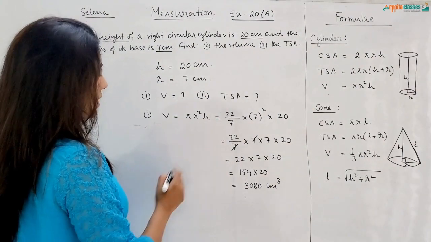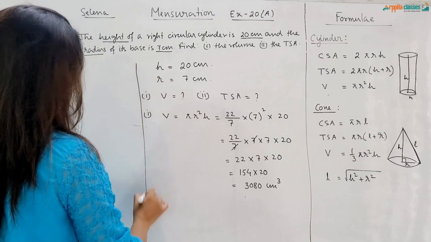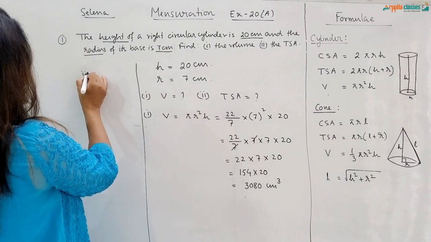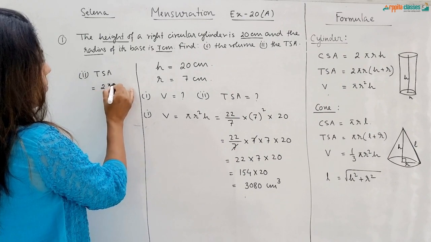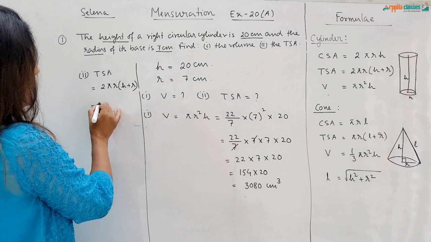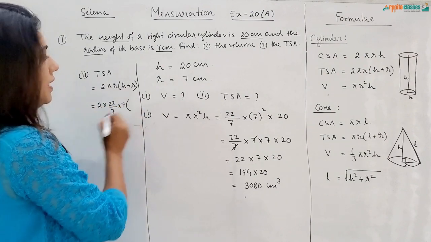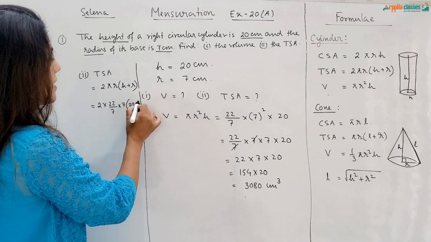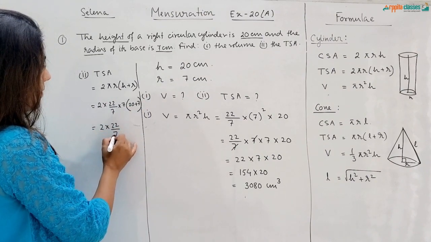Secondly, they are asking for the TSA. First, I'll write down the formula for total surface area, that is 2 pi r whole into h plus r. So 2 into pi is 22 by 7 into r is 7, h is 20 plus r is again 7. So that is 2 into 22 by 7.